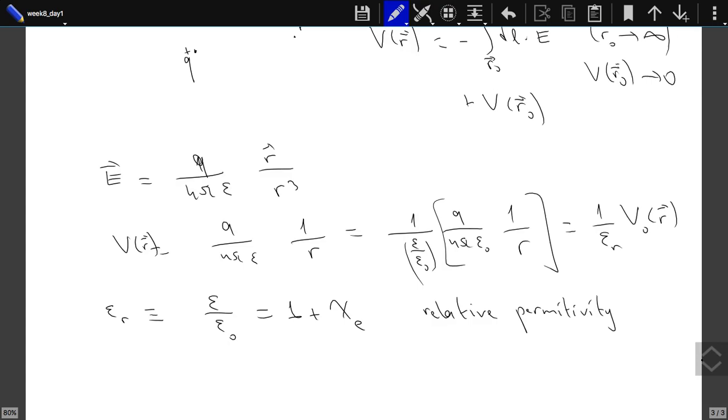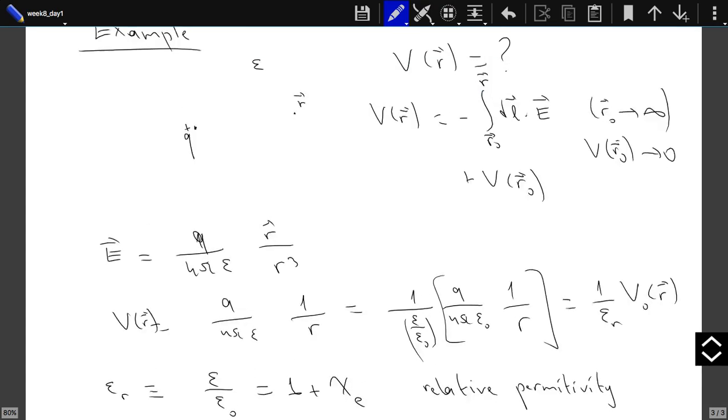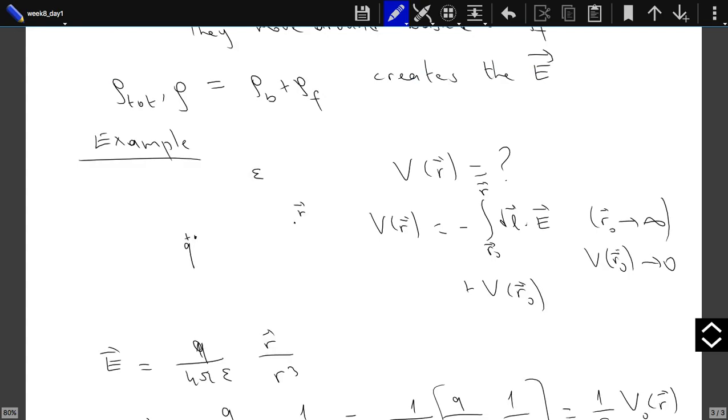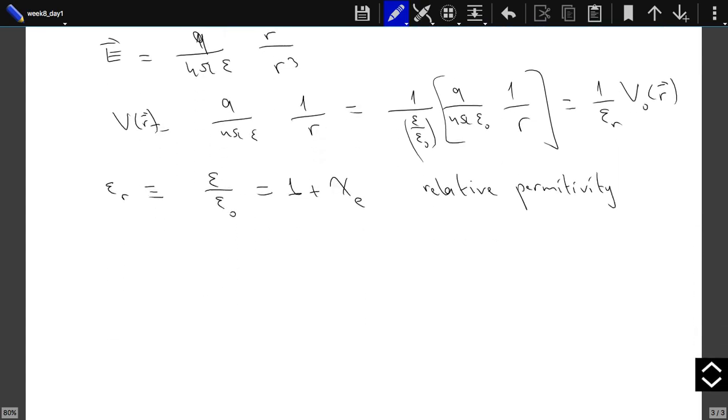So the total electric field will be less than the electric field that you would obtain in the absence of the dielectric. Well, if the electric field is smaller, basically this integral gets smaller. So that's why the potential drops.